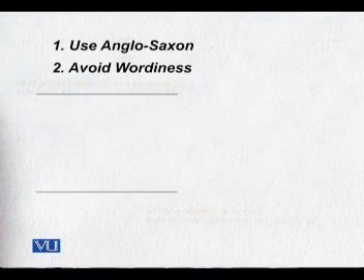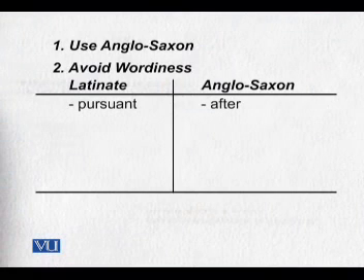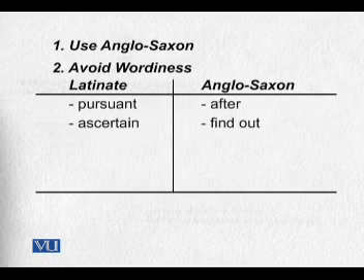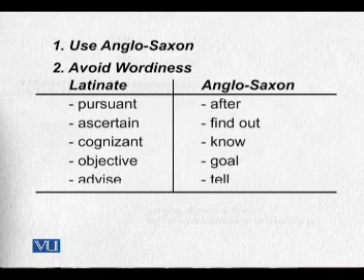Use Anglo-Saxon language. To give you an example of Anglo-Saxon language, let's say on your screen you can take a look. Pursuant is one word, and its Anglo-Saxon translation is after. Ascertain is one word, and its easy translation in Anglo-Saxon will be find out. Now just imagine, ascertain and find out. The third one is objective, and its Anglo-Saxon translation is goal, and then advice, whose Anglo-Saxon is tell.